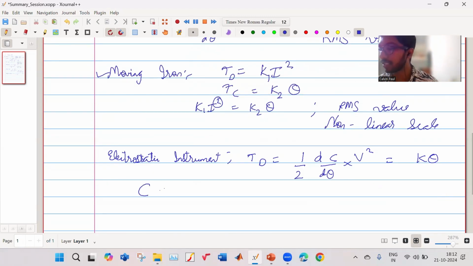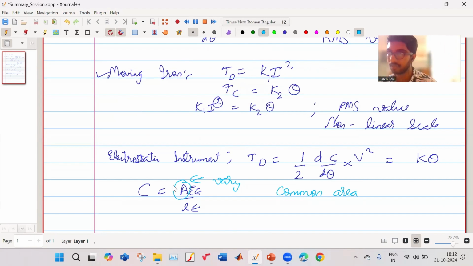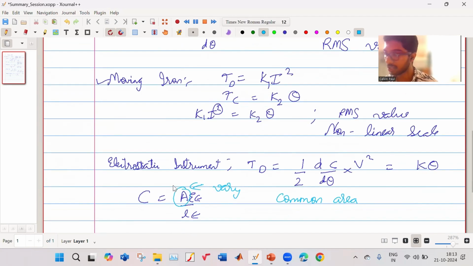We know capacitance is A into epsilon by L. Epsilon and L are constant, so only A will vary, the common area between the two plates. You have to look at the sums, etc., and you will be able to understand. Okay, so this is the brief summary of what was taught in week 1.